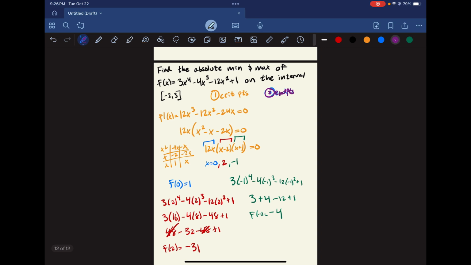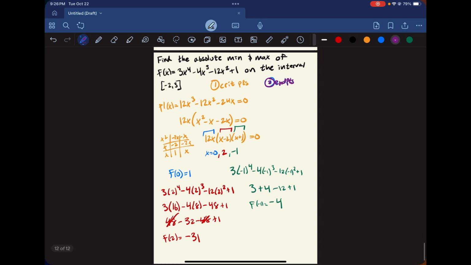So now we have to figure out our endpoints. So we've got f of negative 2, our left endpoint. So that'd be 3 times negative 2 to the 4th power minus 4 times negative 2 to the 3rd power minus 12 times negative 2 to the 2nd power plus 1.